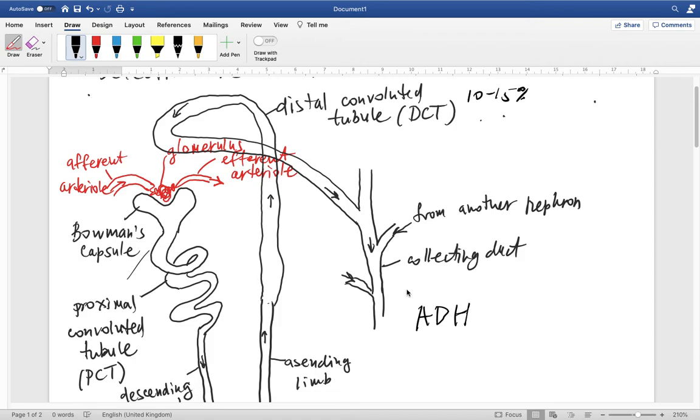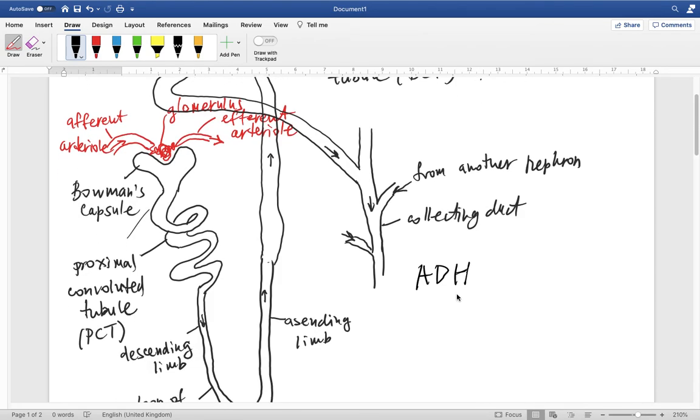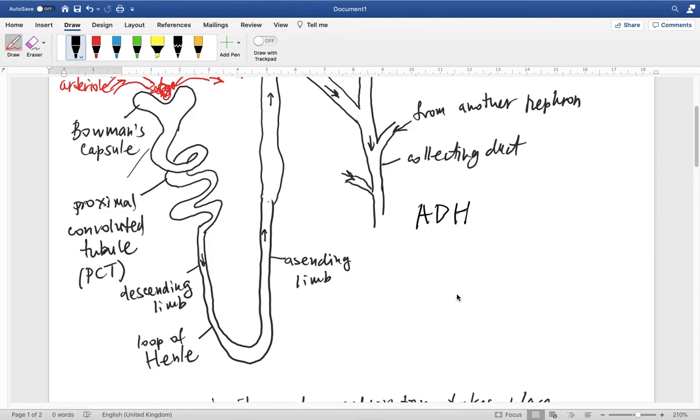DCT and collecting duct. Here I want you to have a think about a couple of scenarios. If you drank quite a lot of water recently, do you want more ADH circling around your bloodstream, or do you want less ADH?